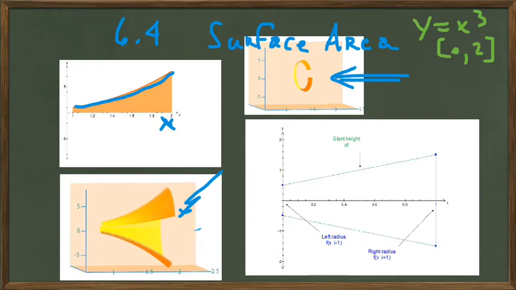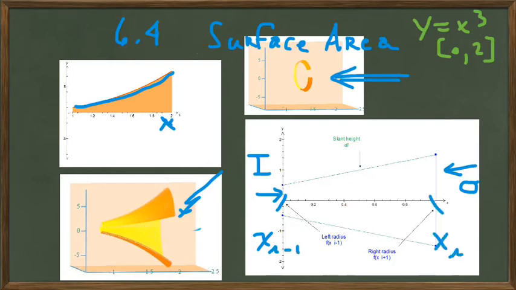The ribbon has an inner radius on this side, which is smaller than its outer radius, which is on this side. This x value here is going to be x sub i minus 1, a generalized x value. This x value here is going to be x sub i, so this outer radius is going to be the value of the function f of x sub i at that x value, and this inner radius is going to be the value of the function at that x value.